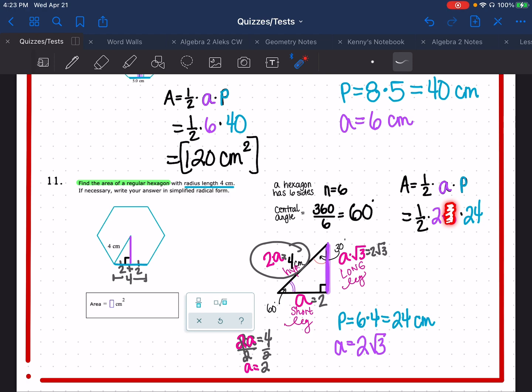This is kind of acting like pi does. So my answer is going to have the square root of 3, and I'm going to multiply 1/2 times 2 times 24. So I end up with an answer of 24 square root of 3 centimeters squared, because we're talking about area. Oh, it already had that in there. So this is what I would put.